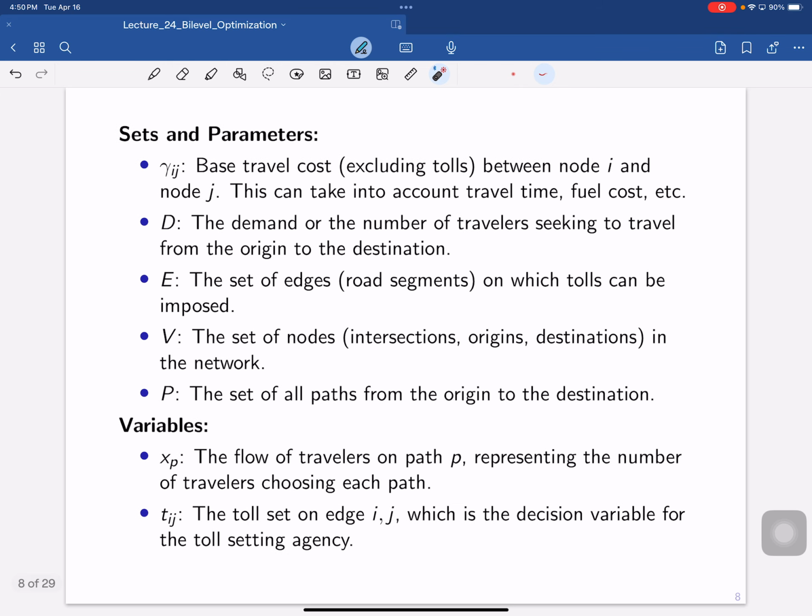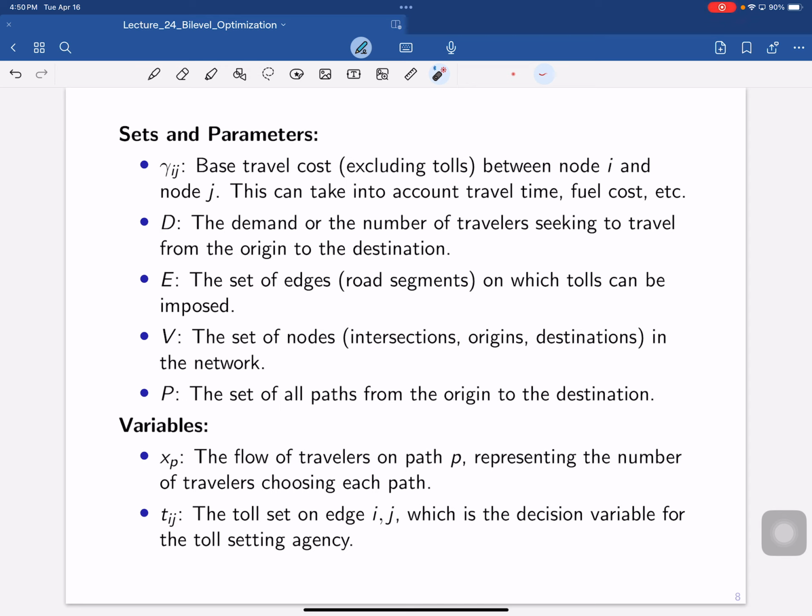So let's formulate this as a bilevel optimization problem. Let's first define some parameters and sets. As I said, the gamma ij are the base travel cost excluding the tolls. If you travel from node i to node j, this base cost essentially characterizes the travel time, the fuel cost, and so forth.